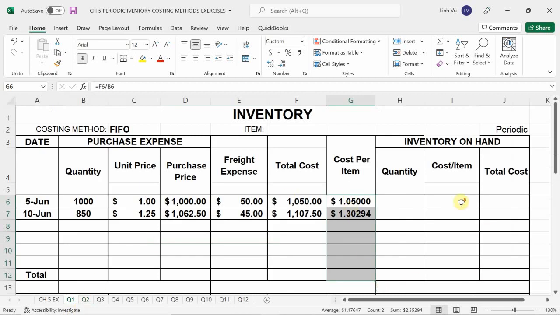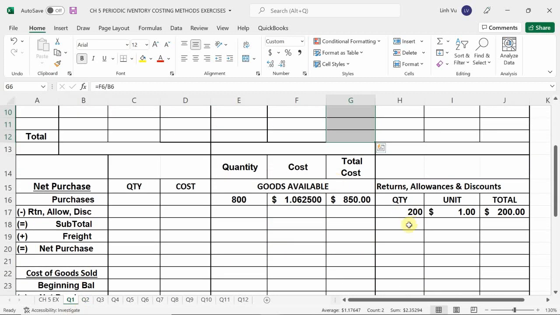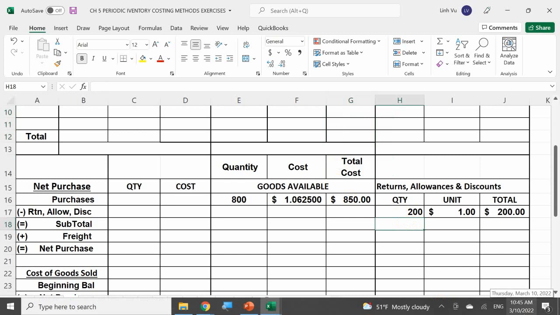Well, same situation. We're going to go down below. Are we returning anything? Are we actually returning any of the toys back? No. So in this case, my quantity is not affected.